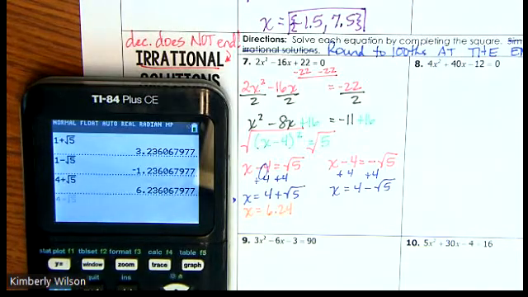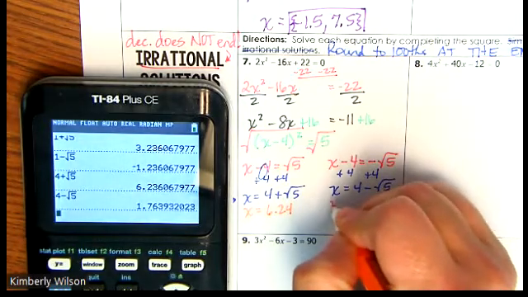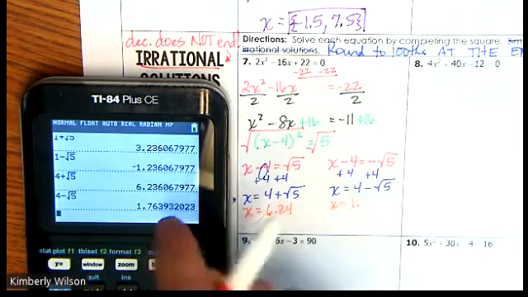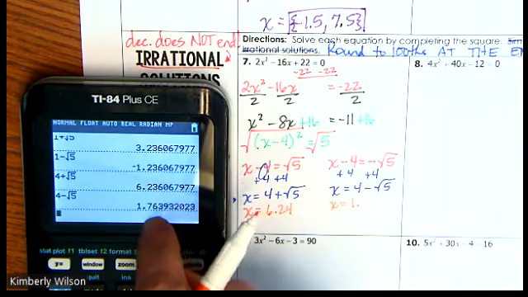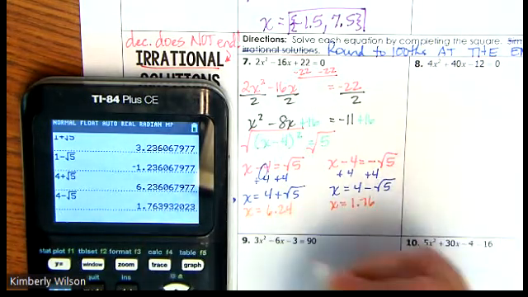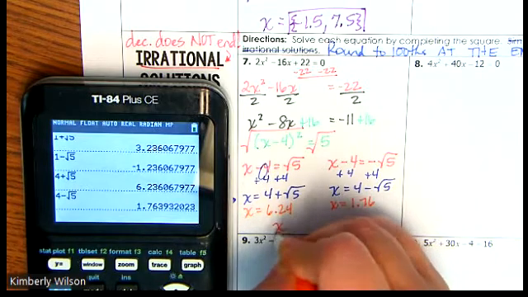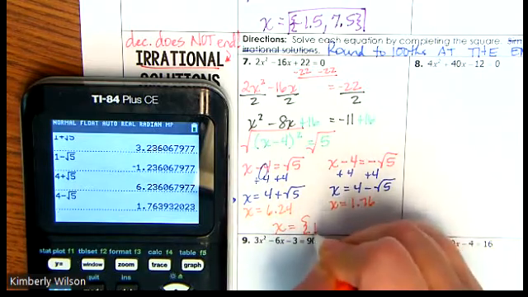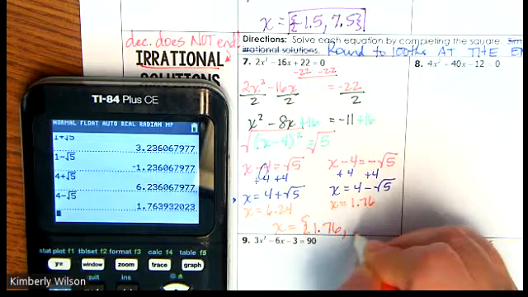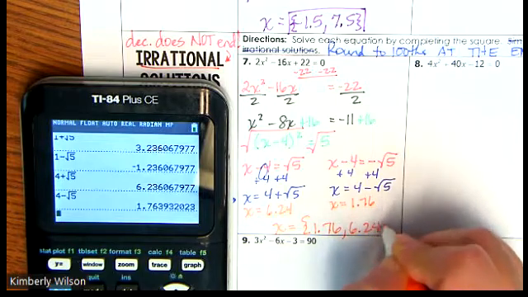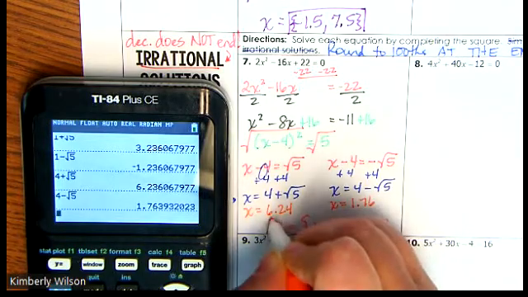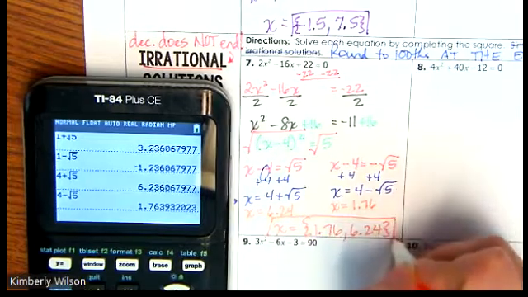Now second enter just retypes it, and all I have to change is a plus to a minus and press enter, and I have that x equals 1 point, the 3 makes the 6 stay the same, 76. So my answers are 1.76, comma 6.24.